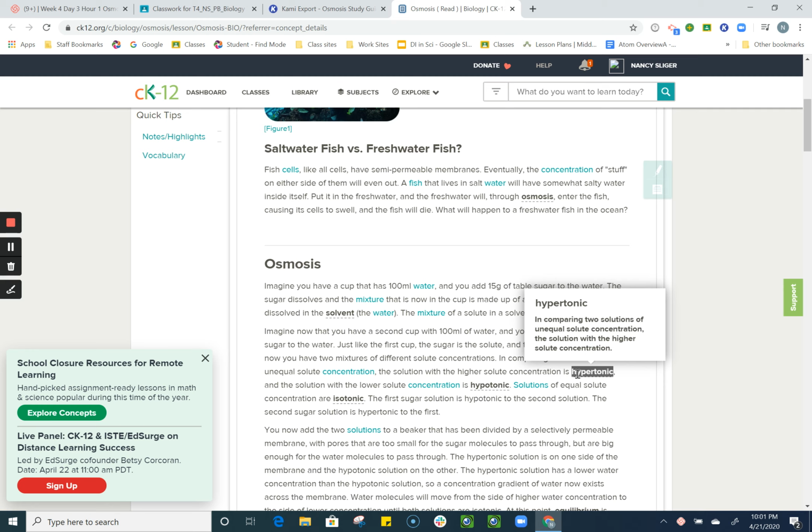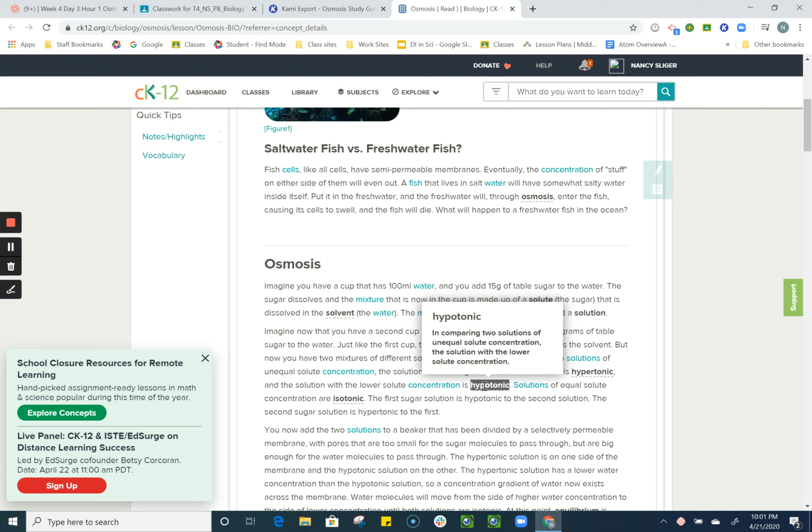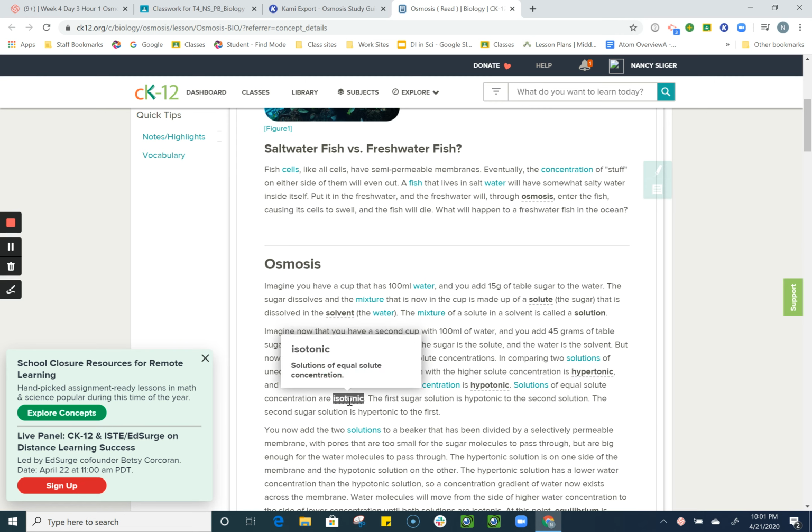So hypotonic means that one of the two solutions has less solute than the other. And iso remains the same, like an isosceles triangle. It's a triangle with all three sides the same length. Iso means the same. So if you're comparing two concentrations, they will have the same amount of solute. Okay.